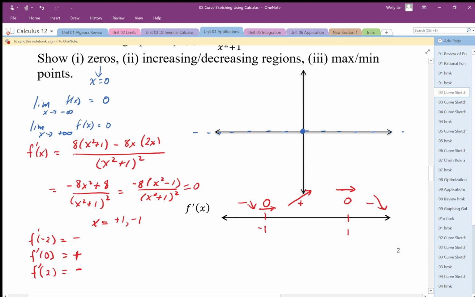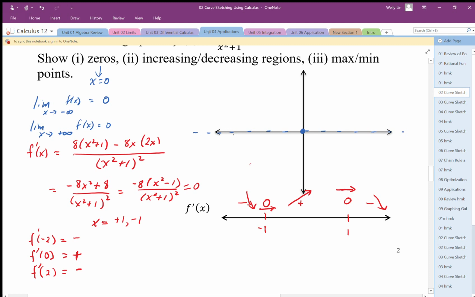Okay. So I can use this slope chart and all the information I've got here to kind of draw it. So I can't draw it like this, because there's an asymptote there. But I do know it goes through the middle. There's a 0 here, so I know it goes through. I can't cross here because there's no 0 here and it's an asymptote. Okay, so knowing that, I can just adjust my drawing here.